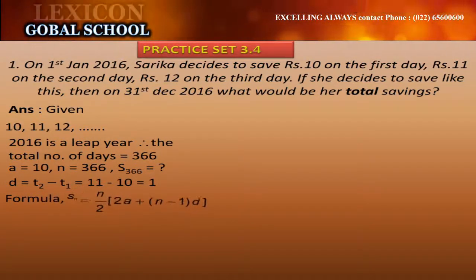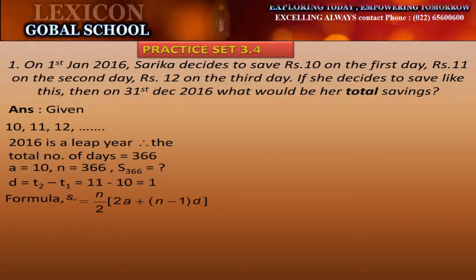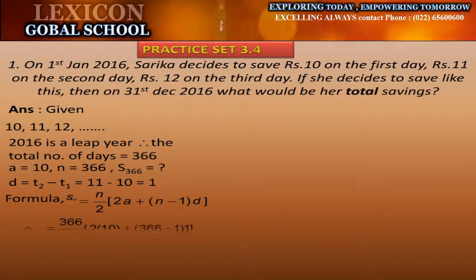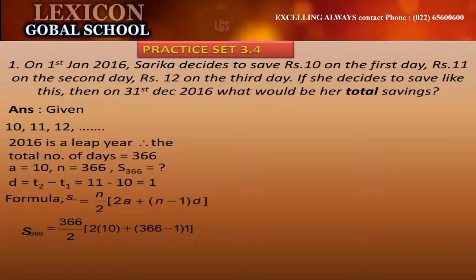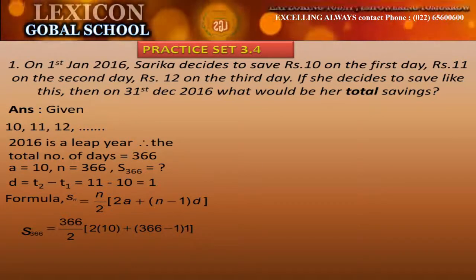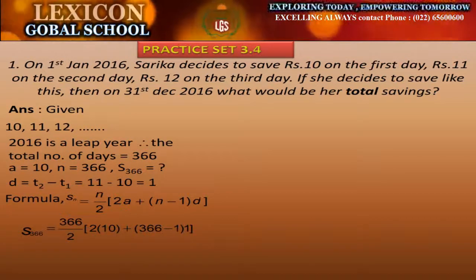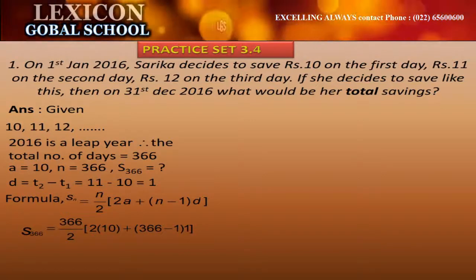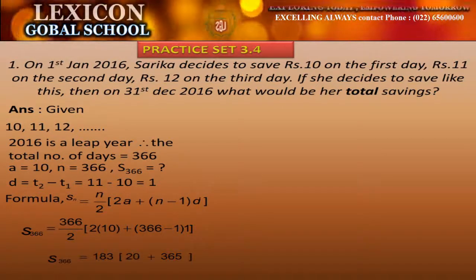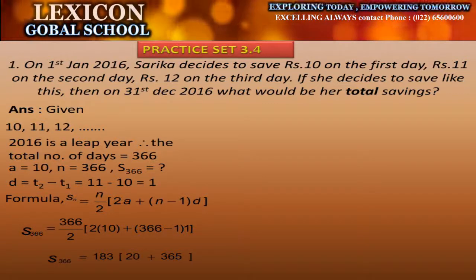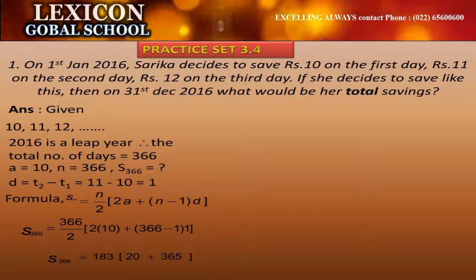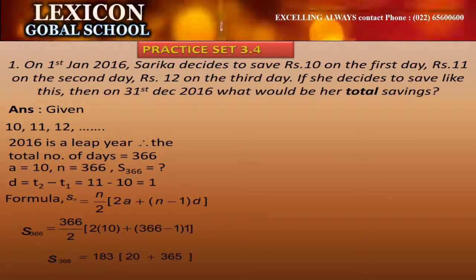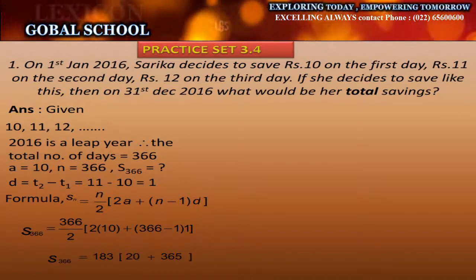Let us substitute all these values in the formula of Sn. Therefore, S366 is equal to 366 upon 2, into 2 into 10 plus 366 minus 1 into 1. When you divide 366 by 2, you get 183. 2 tens are 20 plus 366 minus 1 is 365.